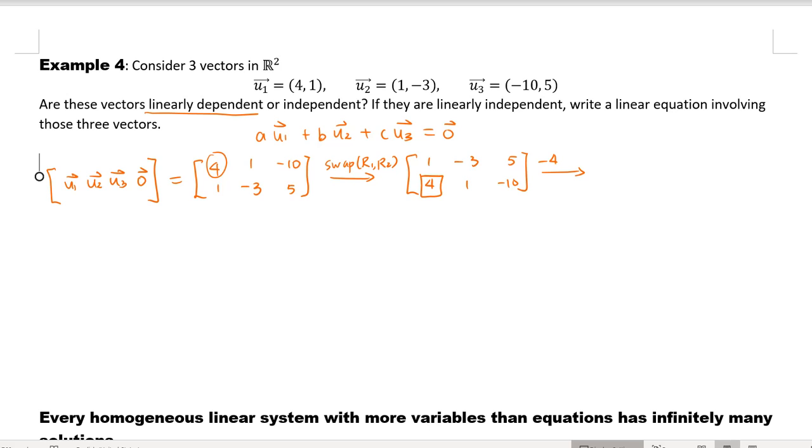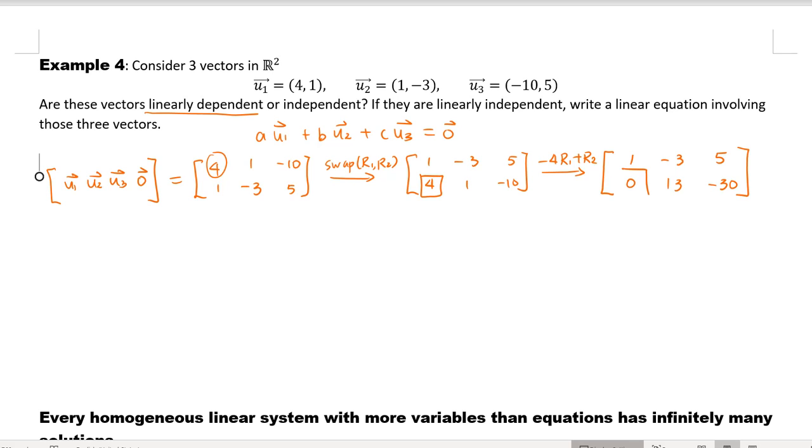So negative 4 R1 added to R2 gives 1, negative 3, 5, 4, negative 4, 0. Then 1 minus 4 times negative 3, so 1 plus 12, which is 13. And negative 10 minus 4 times 5, so negative 10 minus 20 is negative 30.